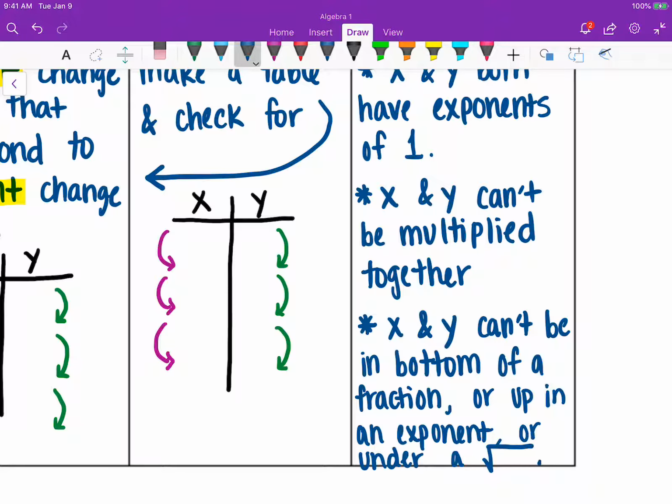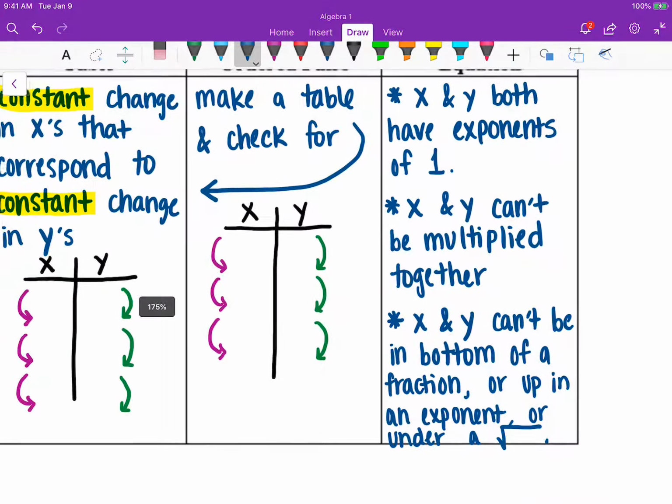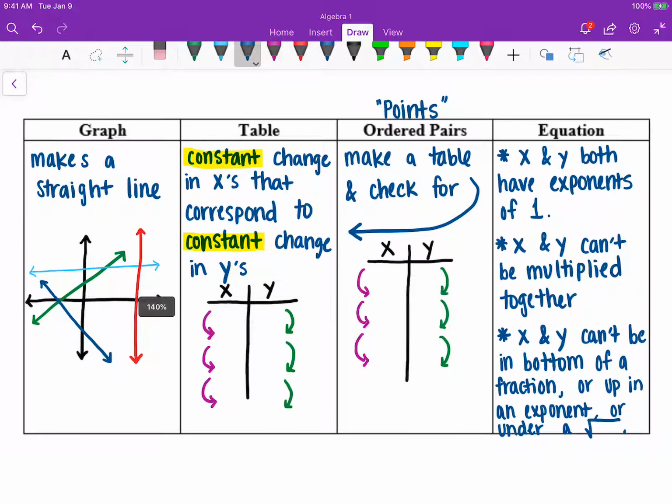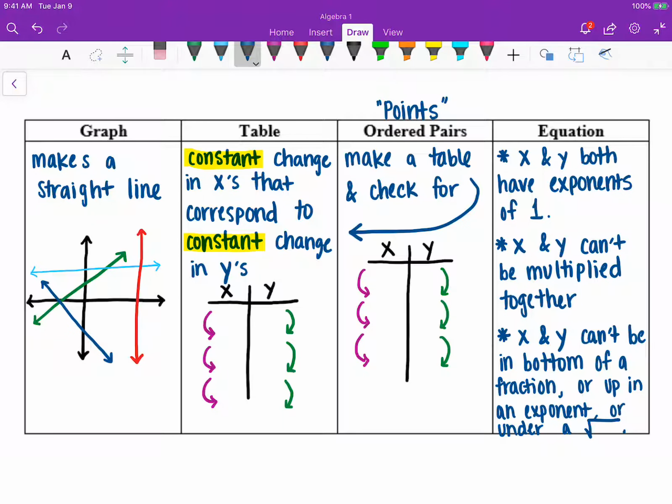So they can't be in the bottom of a fraction, they can't be up in an exponent, and they can't be under a square root sign, because then it would not make a straight line graph when we actually plugged numbers into it. If you need to pause the video at that point to copy all of that down, feel free. But I'm going to go on to the next part of the practice problems on the next page.